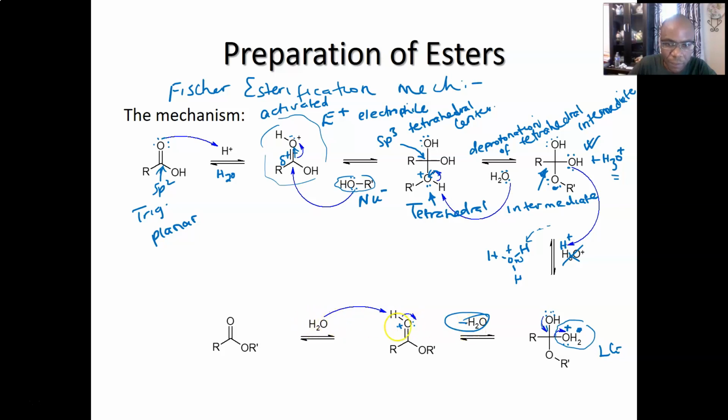So the water that fell off is going to use the lone pair on the oxygen to deprotonate by proton transfer, which is the same step as here, which was proton transfer.